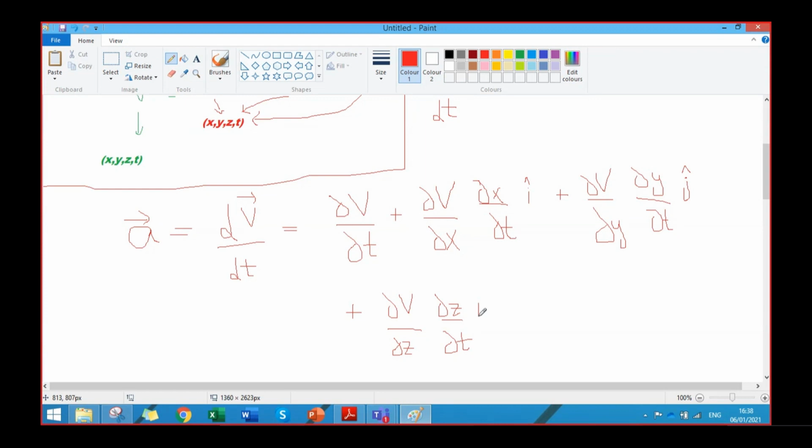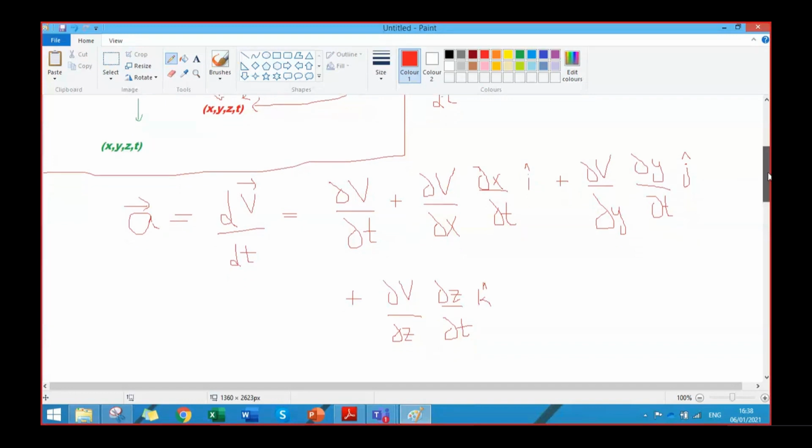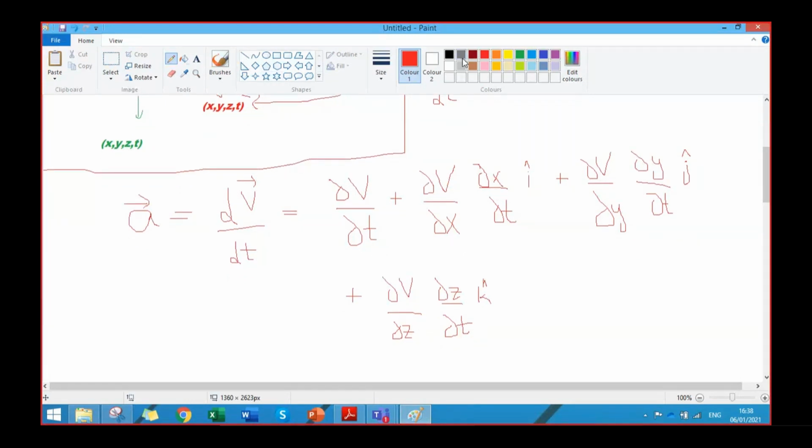This would be the k component. Clear? So this dx by dt is the u component of the velocity. This dy by dt is the small v component of the velocity, and this is the w component of the velocity. Clear?